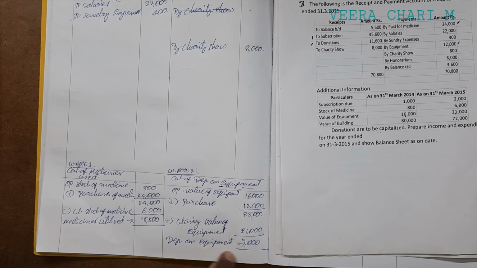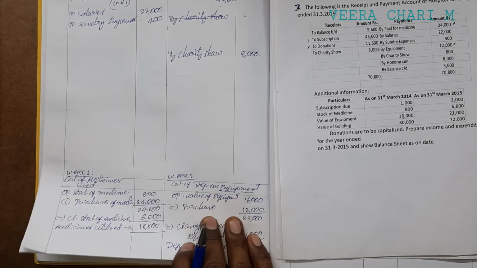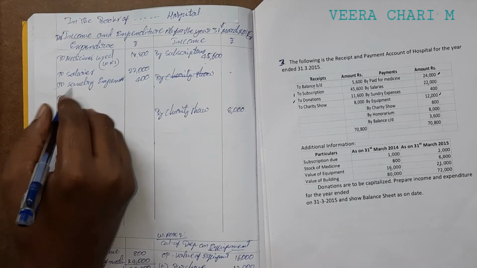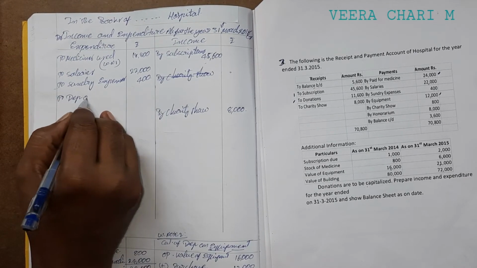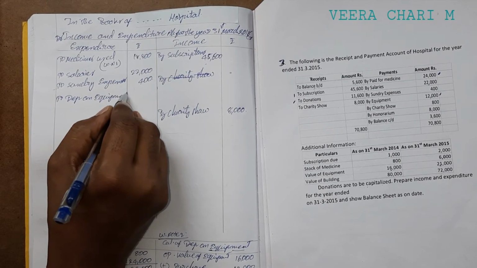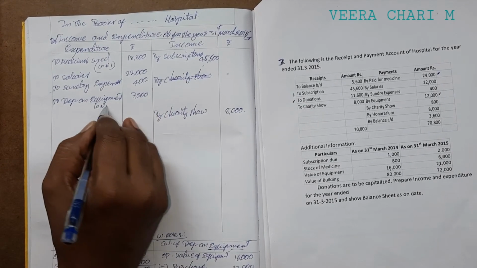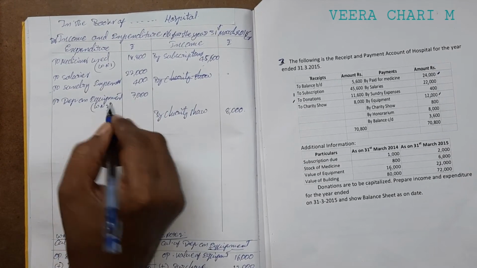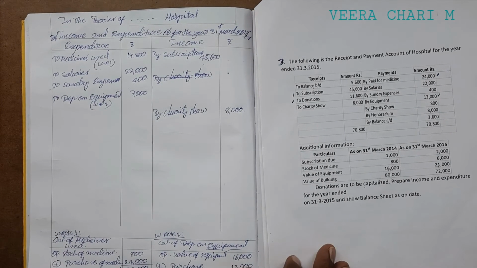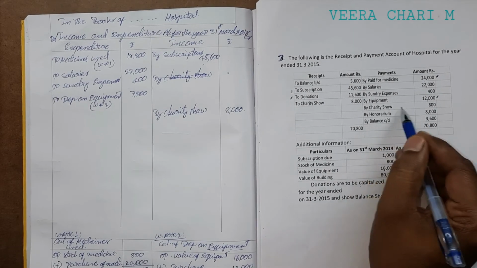Finally, whatever the depreciation, we should debit it to the income and expenditure account, right? To depreciation on equipment, that is 7,000 rupees, working note number 2. Like this you can identify it. Next, after equipment, it is charity show.